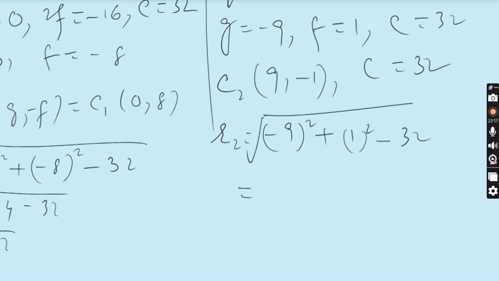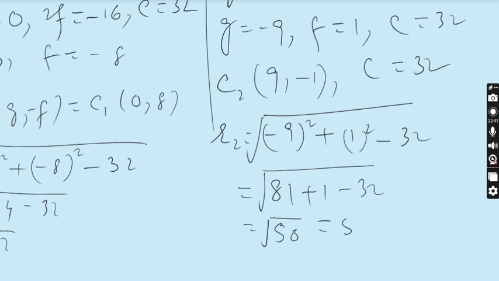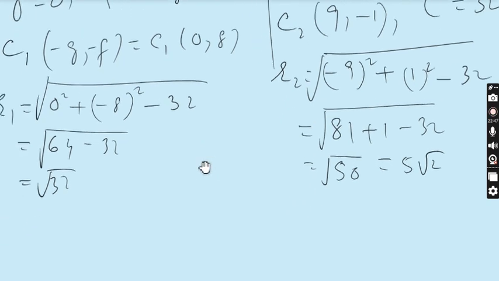Nine square is 81 plus 1 minus 32. 81 plus 1 is 82 minus 32 is 50. Square root of 50 is 5 root 2. And here the square root of 32 is 4 root 2. This is R1 and this is R2.